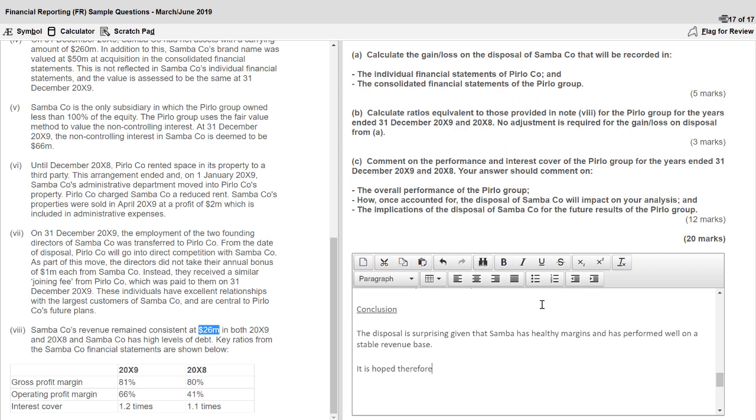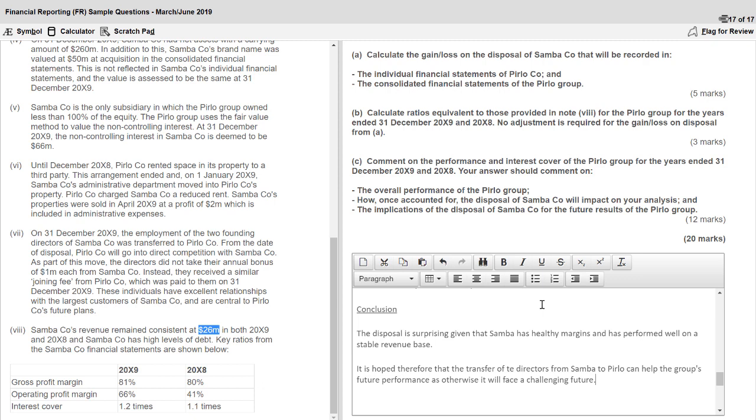It is hoped, therefore, that the transfer of the directors from Samba to Pirlo can help the group's future performance, as otherwise it will face a challenging future. There we go.